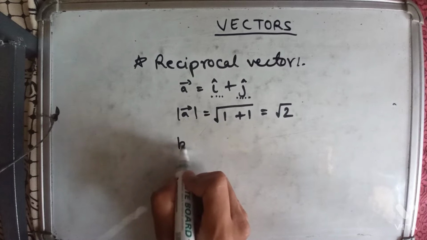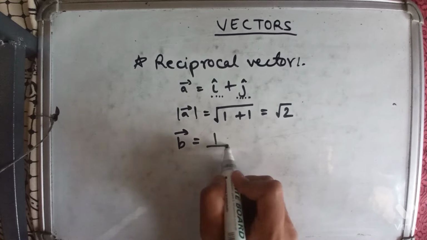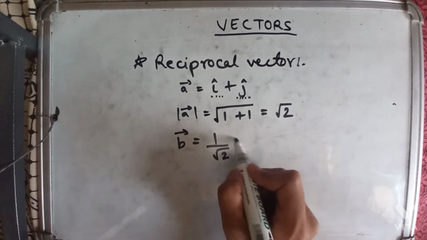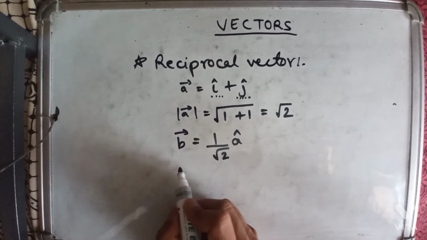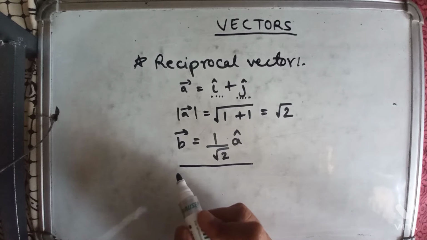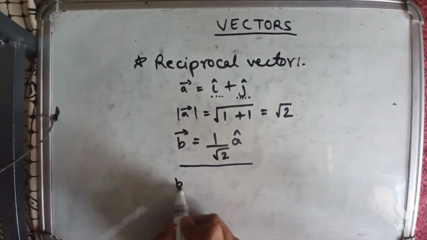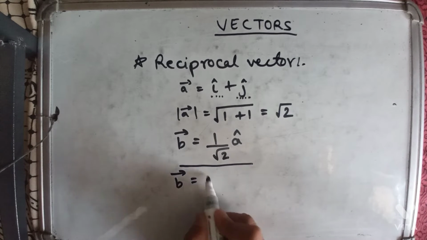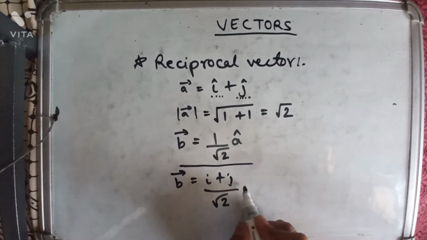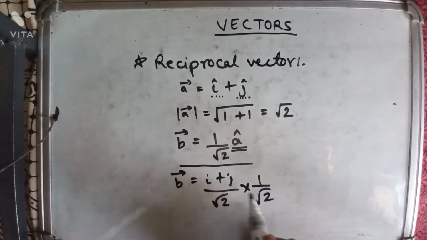Then b will be the reciprocal vector of a such that 1 by root 2, meaning the magnitude of a, is multiplied with the direction of a. So here a and b will be reciprocal vectors. So what will the b vector actually be? The b vector will look like (i plus j) by root 2, multiplied with 1 by root 2, putting the value of this vector here.